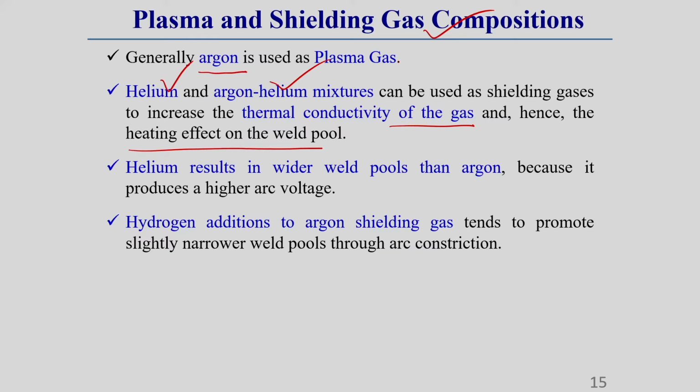Keep this in mind, because once we use helium or an argon-helium mixture as shielding gas, it increases the thermal conductivity of the gas. Due to this, the heating effect on the whirlpool increases.